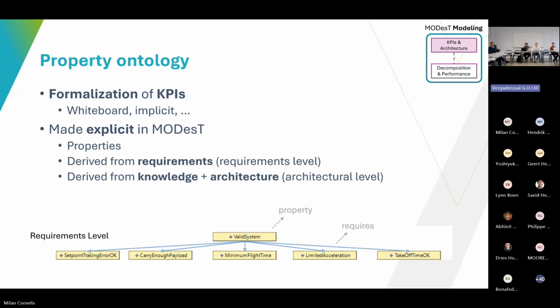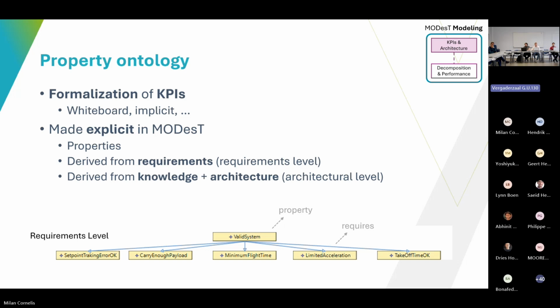And if so, we can answer yes to a certain property. So these are questions which can be answered by yes or no. And these are also connected with a requires relationship. For example, here we have a top level property called valid system, which means our system really conforms to the requirements that you have mentioned. And this requires that it fulfills this property, this property, this property, and so forth.